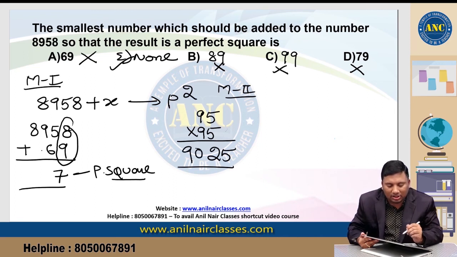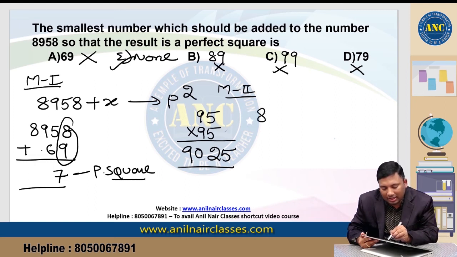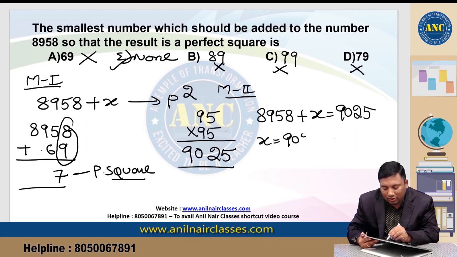So 9025. How much should be added? 8958 plus x is nothing but 9025, so x is 9025 minus 8958. That means 67 should be added.